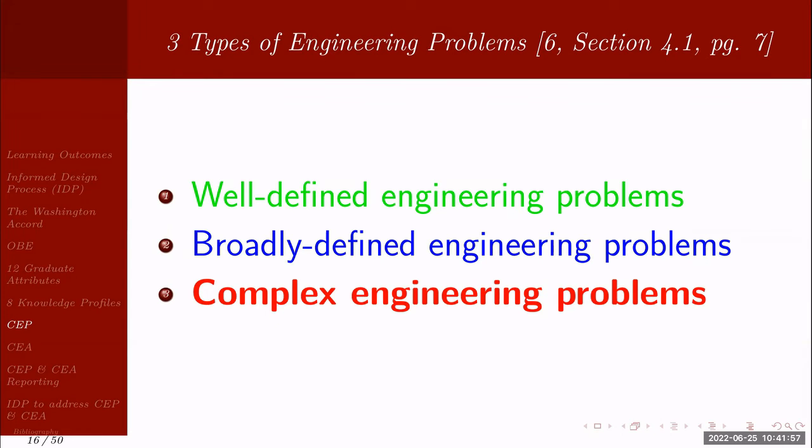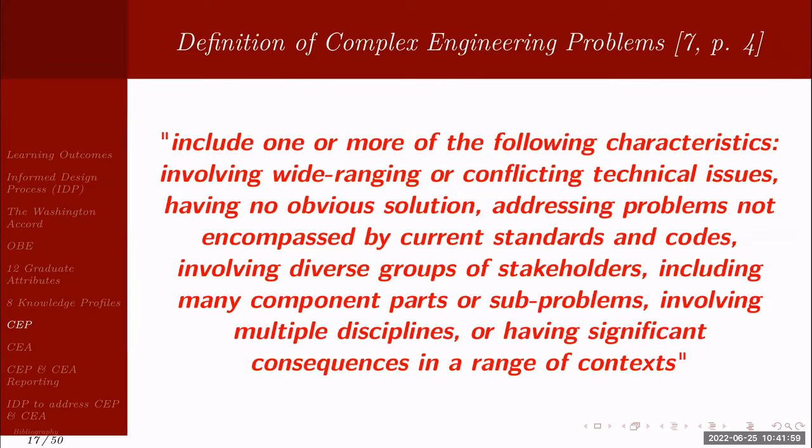And we have a very nice definition from ABET about complex engineering problems. Basically, complex engineering problems include one or more of the following characteristics. ABET is an accreditation agency from the US. What are these characteristics?